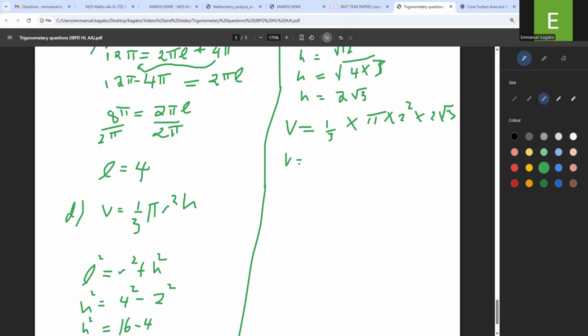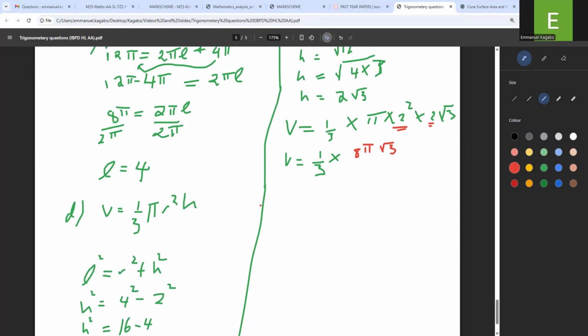What's our volume now? Our volume is going to be 1 over 3. Do you see that? Now, times, what is that? This is 2 squared, which is 4. 4 times that gives me 8 pi square root of 3. Is that okay?